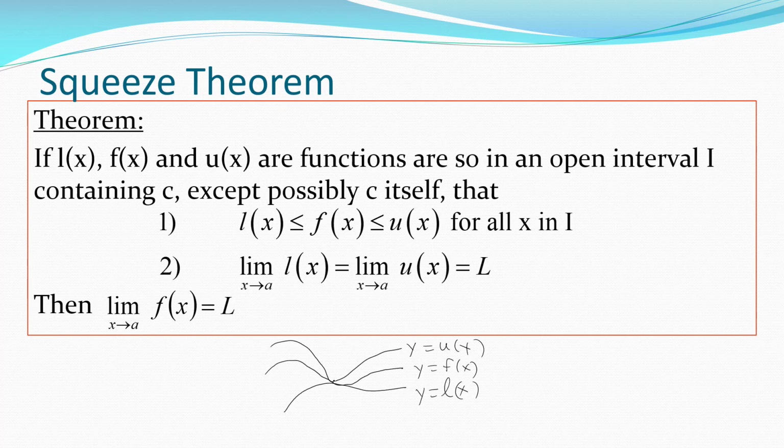Notice I had them all meet at one point. Do you see how I had them all meet at one point? That's because I'm assuming that as x approaches a, the limit of the lower function goes to a limit value, and the limit of the upper function goes to a limit value, and they're the same value. So of course, the middle function is forced, squeezed, to go to the same exact place.